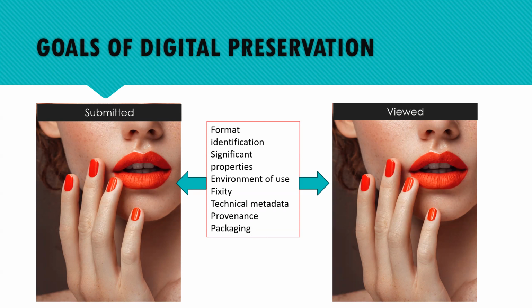Because the person that created the record or used the record is probably going to have a pretty good understanding of what the most important aspects or parts of a record are. And so that gives the archivist an idea of what information to try and preserve and what information to make sure that archives are passing on to researchers that are going to use archival records in the future.